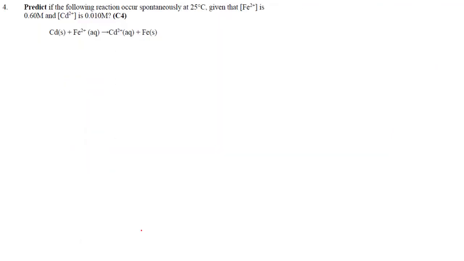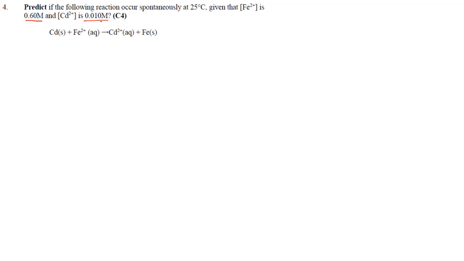Alright. Okay, so another question for second hour, the last question. Okay, so it asks us to predict whether the reaction can occur spontaneously or not at 25 degrees Celsius, given that the Fe2 plus concentration is 0.6 molar and the cadmium concentration is 0.01 molar. Okay, so you must understand here, this is not under standard condition.